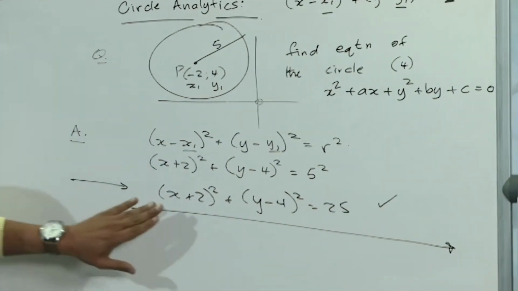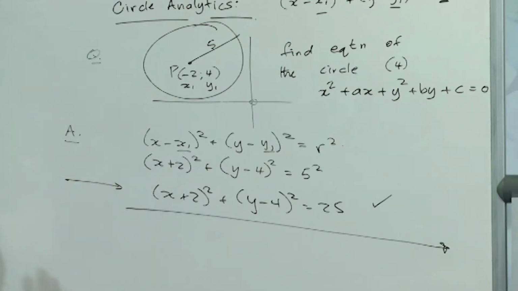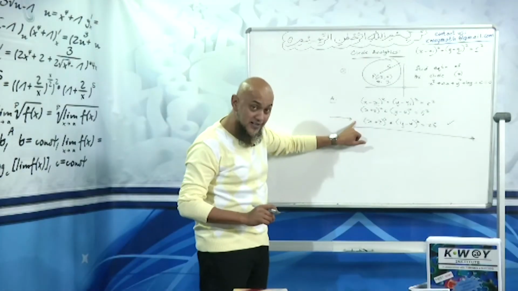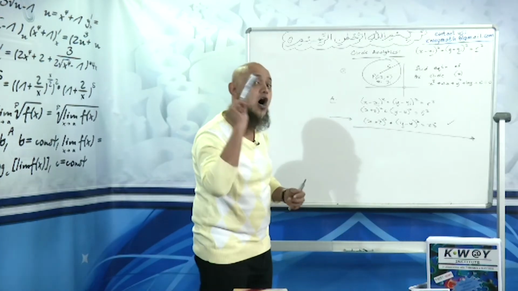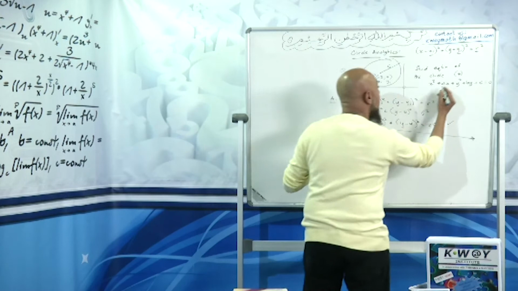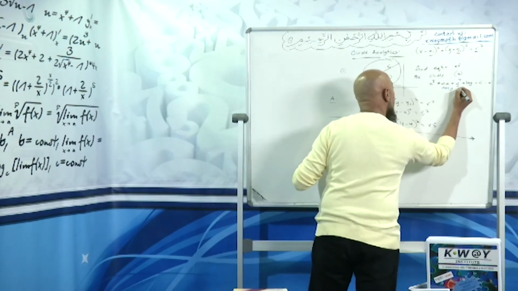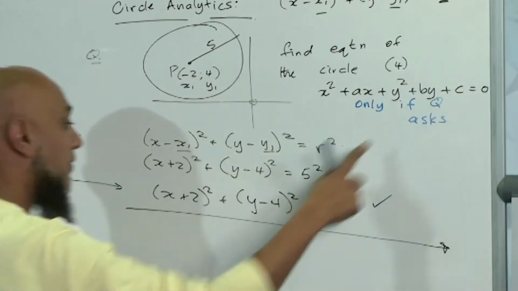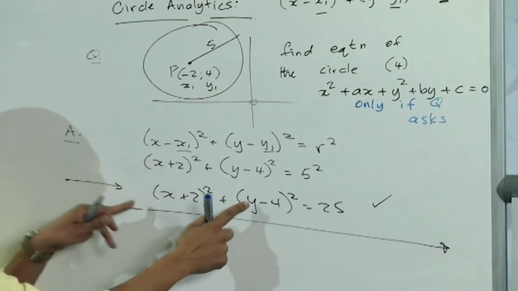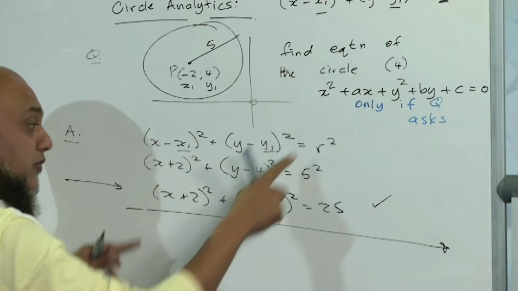So you'll still do it like this. Like I said, listen to me carefully, under normal circumstances, that's where you'd leave the answer. Only if the question asks. That's not standard form. That's standard form.